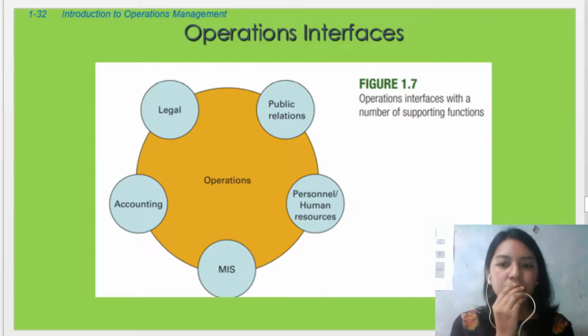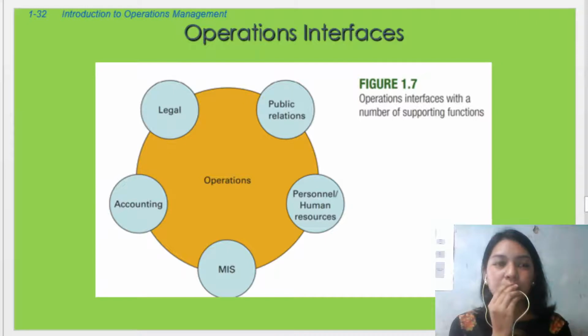If accounting provides information on the cost of materials, there will be a good relationship in terms of buying raw materials and securing the equipment needed for operations.